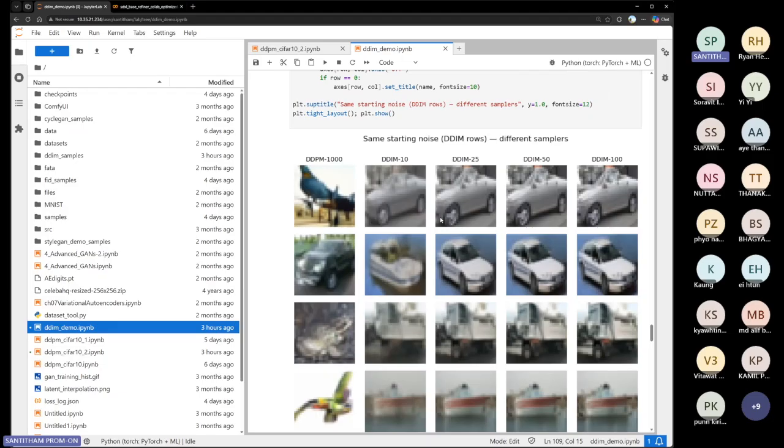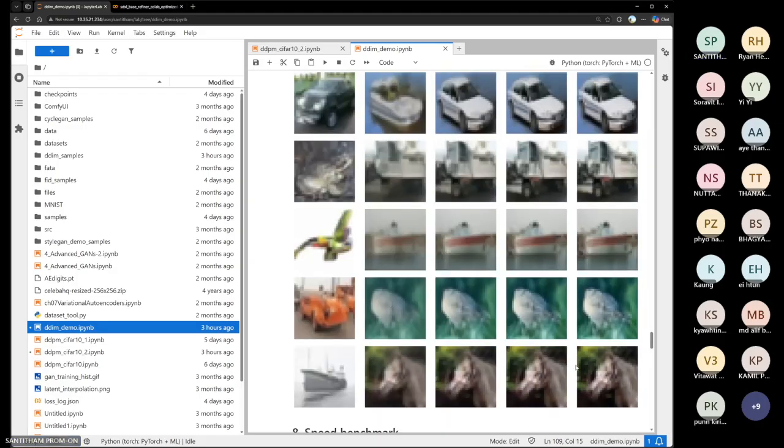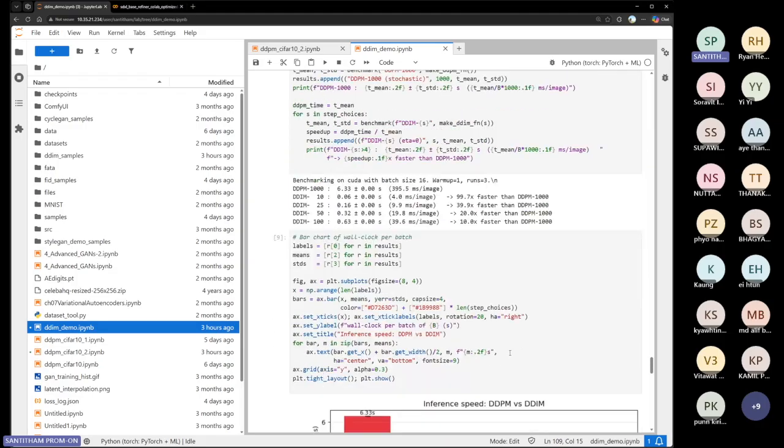Here are the overall DDPM and DDIM. Right? So you can see the change in the quality, especially in some of the detail. In terms of the speed, this is one of the most important things. For this is the batch size 16, DDPM took 6 seconds to generate, while DDIM 50 took only 320 milliseconds, right? 0.32 seconds.